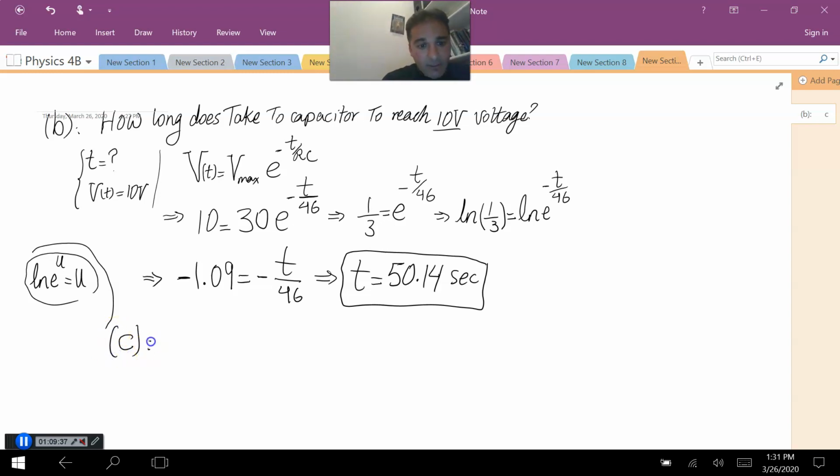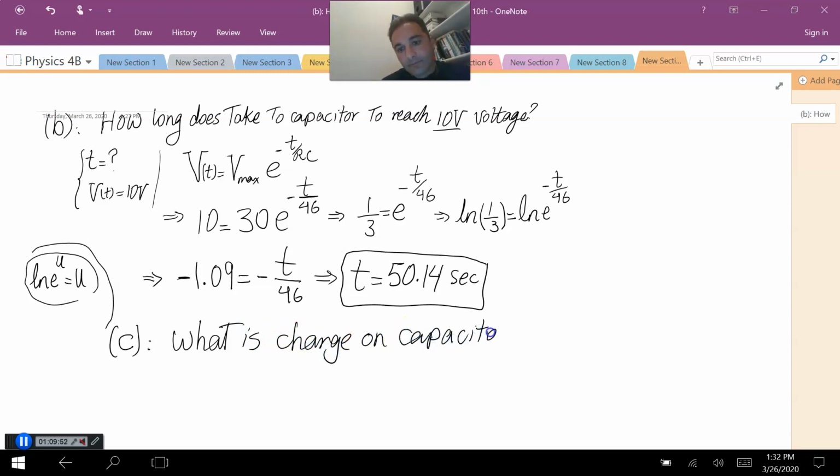Let's see, what is this? Part C, it says this. What is the charge on the capacitor after 10 seconds?